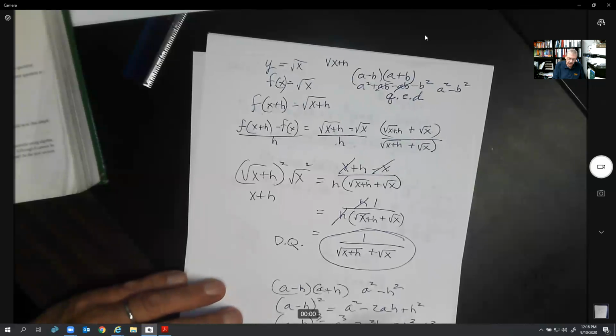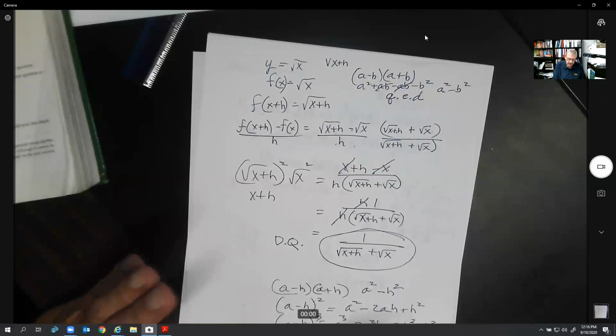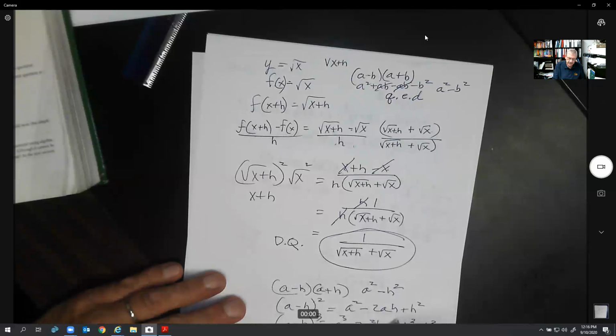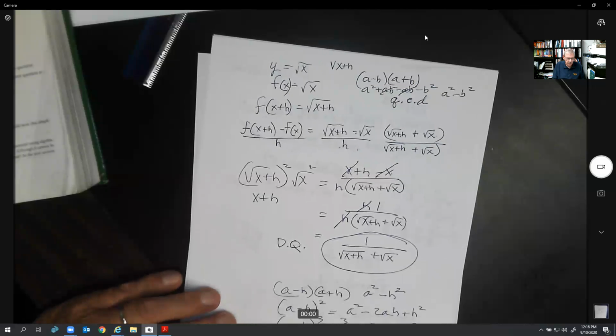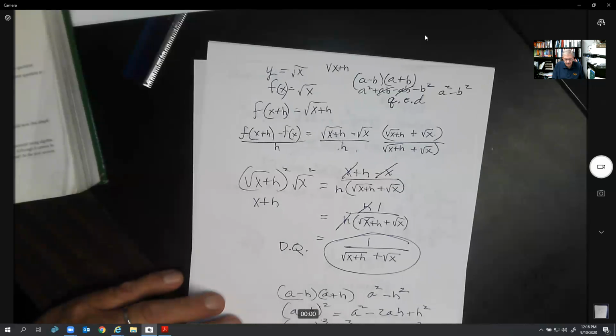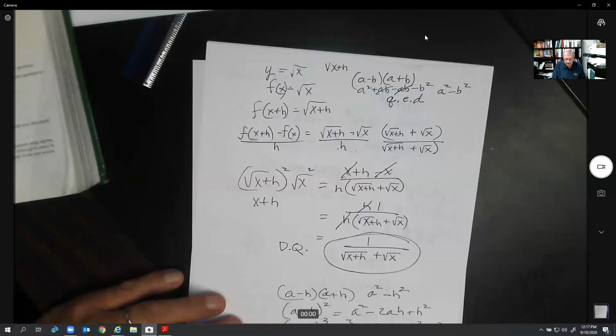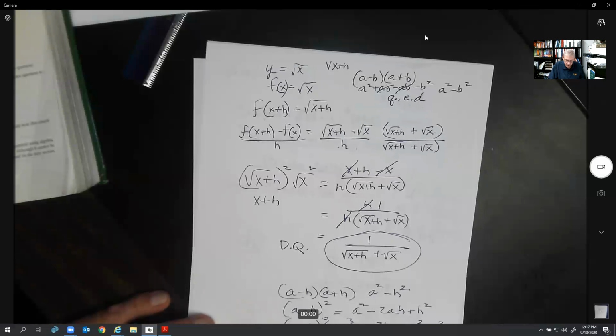So the signs alternate: plus, minus, plus, minus. On the plus side, we didn't have to worry, but if there's a minus sign, they're alternating signs. See right here, plus, minus, plus, minus. So it kind of proves it.